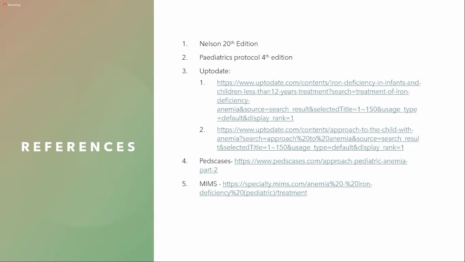So when hemolysis occurs, the RBCs that hemolyze are those that are deficient in G6PD. The remaining RBCs are those with normal G6PD enzyme. So if you test them during this hemolysis period, you will have a false negative. So if you test, it will become normal.